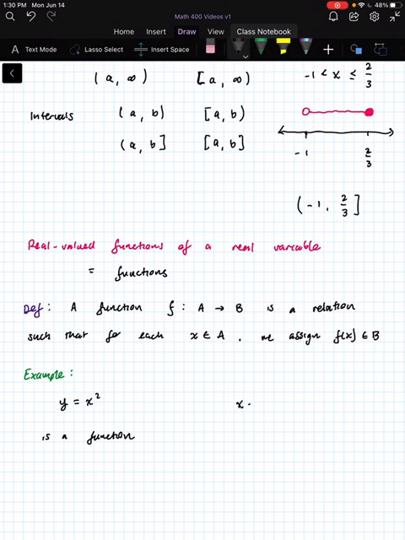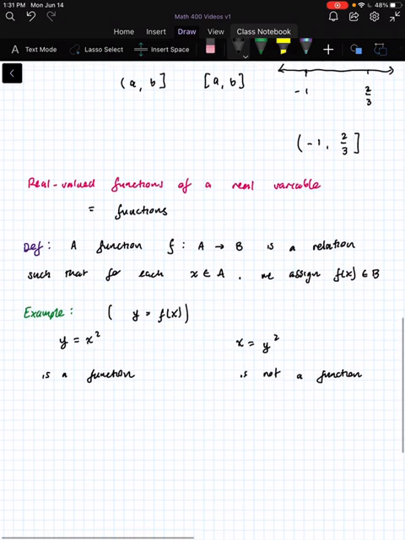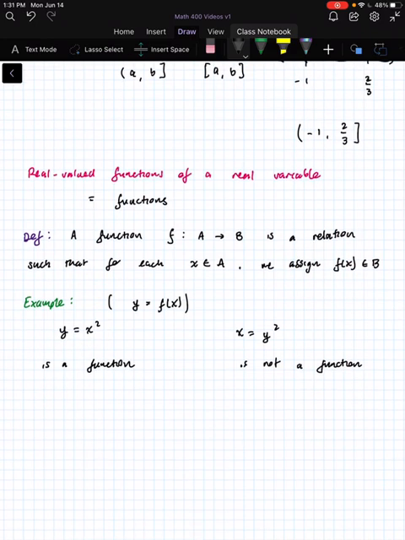On the other hand, x equals y squared is not. And in this case, remember, we're agreeing that y equals f of x is a shorthand that allows us to not have to say f of x all the time. But x equals y squared is not a function, for reasons that will be clearer later, but in short, we don't get a single y from every x.